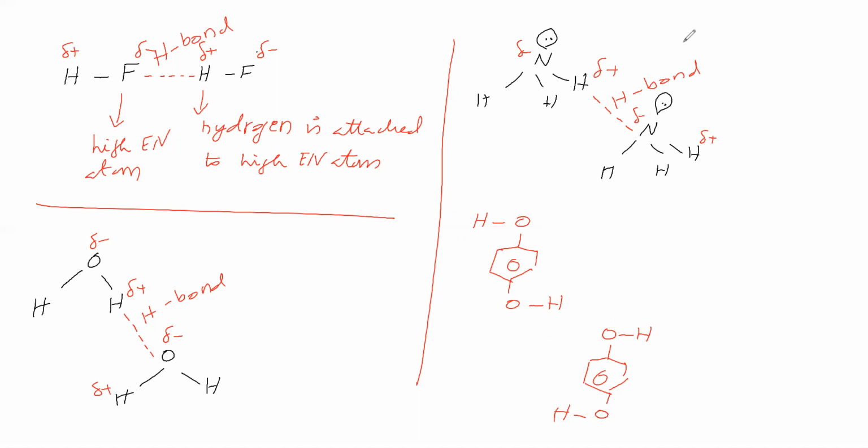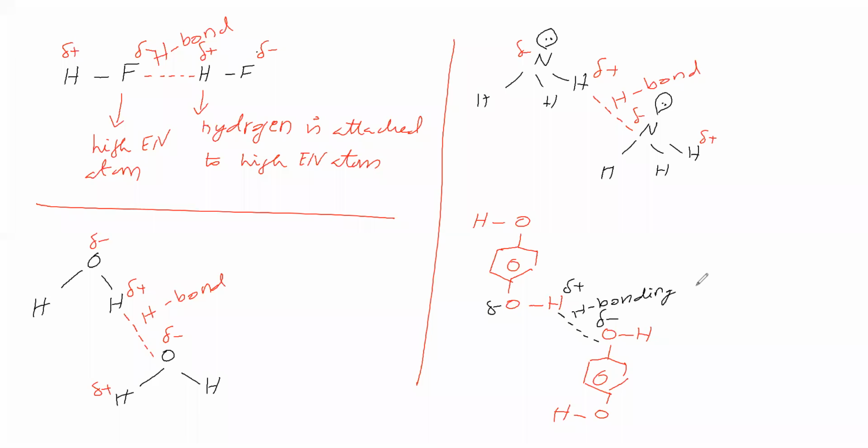Now this is hydrogen. It is attached to a highly electronegative atom. In this group, the highly electronegative atom is this. Between them attractive force is possible. This is called hydrogen bonding.